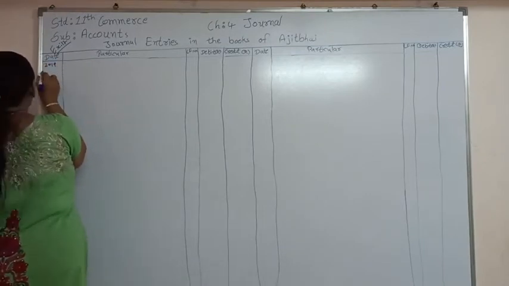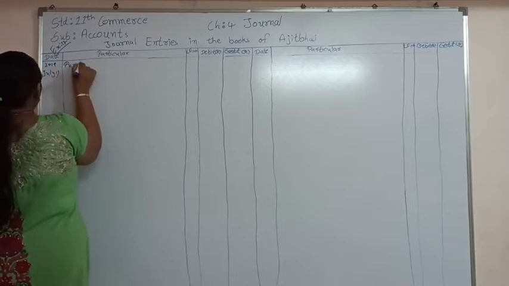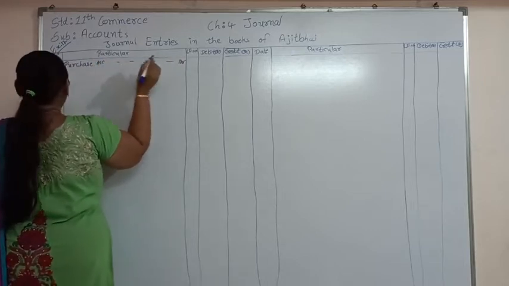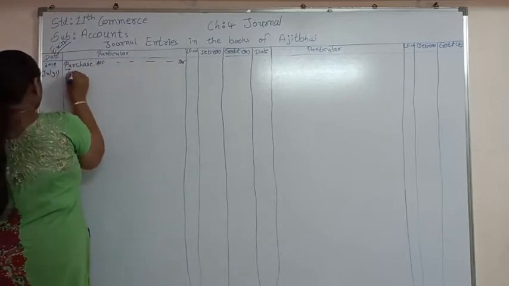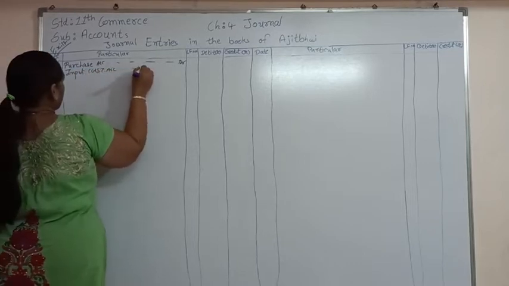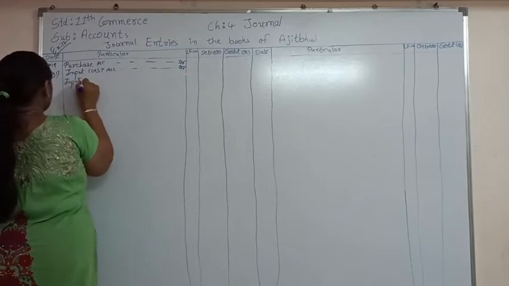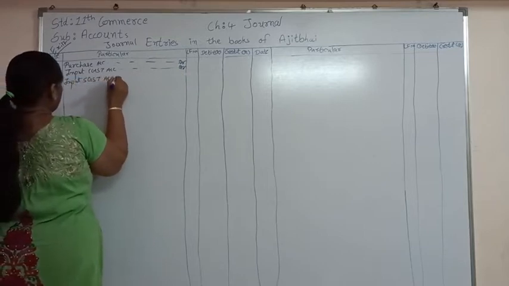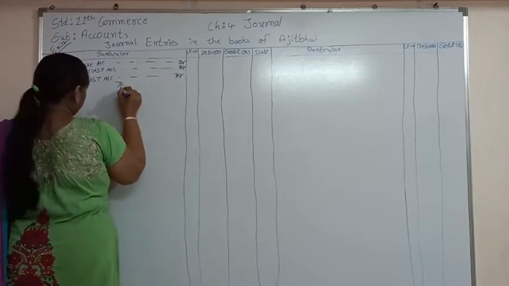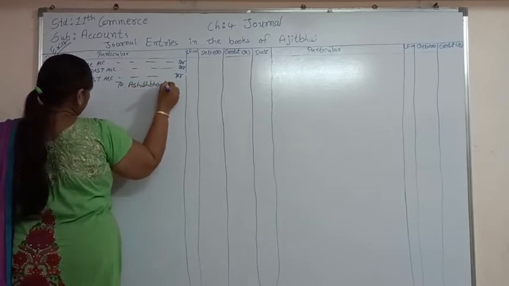2019, July 1st, purchase account debit, input CGST account debit, input SGST account debit, to Ashishbhai account.